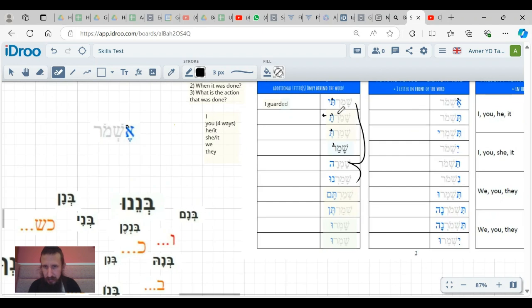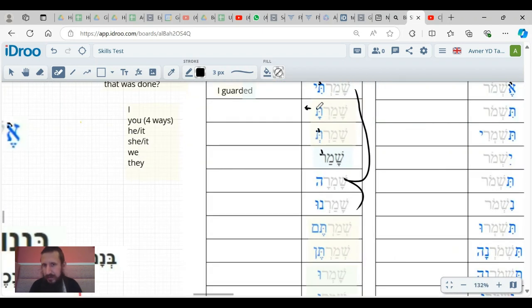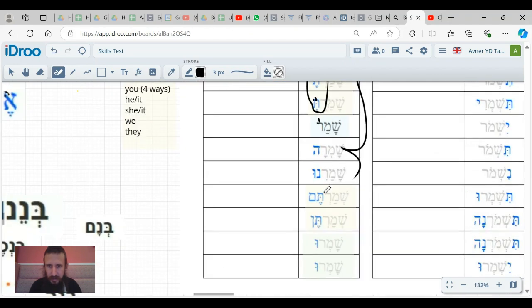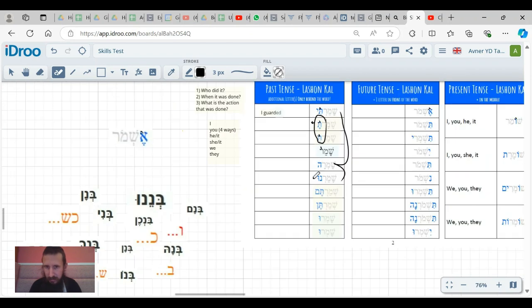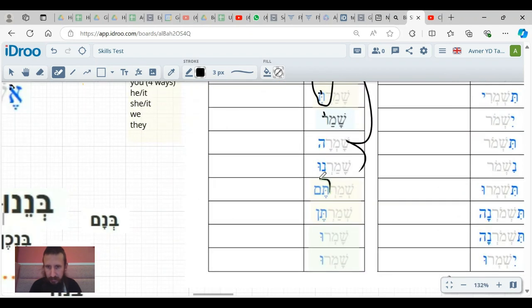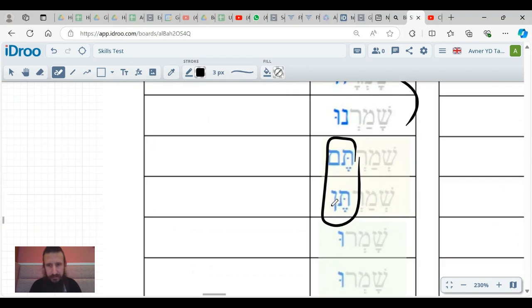Now, just like with the chafs, you have a letter that's representative of the yous. You guarded, you guarded, you guarded, you guarded, and that's the letter tav. Shamarta, you guarded, like the word ata. Shamart, like the word at, you guarded for a girl. Shamartem and shamarten, you guarded masculine plural, you guarded feminine plural.